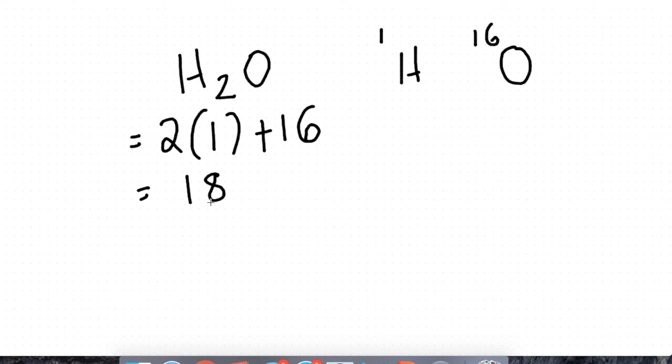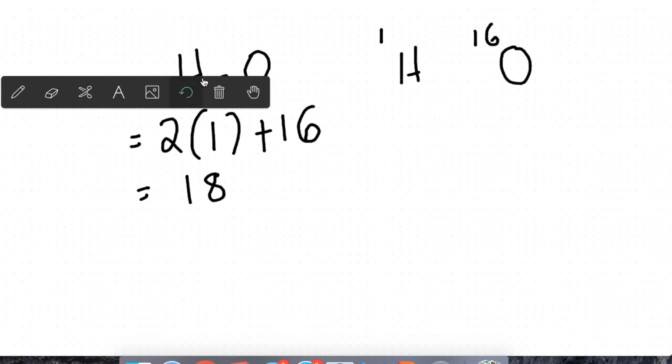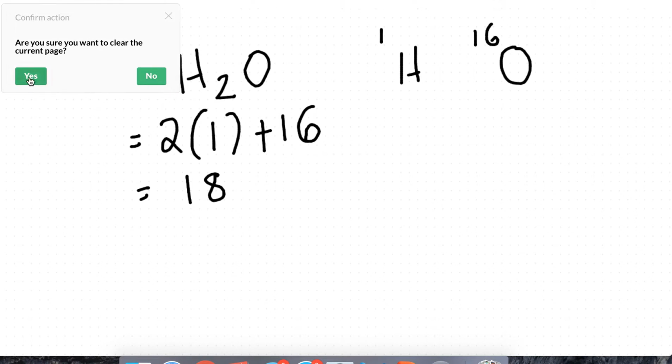Okay. So question: calculate the relative molecular mass of carbon dioxide, and the question has given us the relative atomic mass of carbon is 12, the relative atomic mass of oxygen is 16. So what is carbon dioxide? CO2. We know that carbon's mass is 12, oxygen's mass is 16.